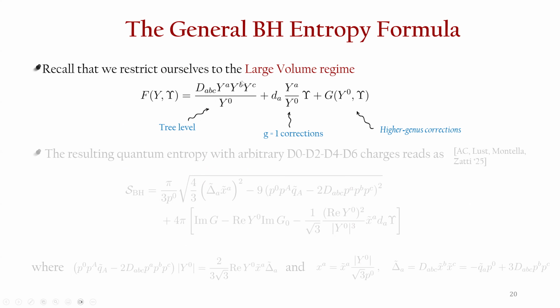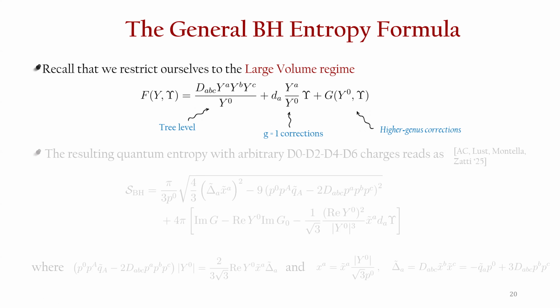One is the tree-level cubic piece that we are all familiar with. Then there are also quantum corrections due to the genus 1 linear term and the higher genus corrections that come from GV by thinking about these D0-branes. And everything else that we're throwing away is exponentially suppressed.